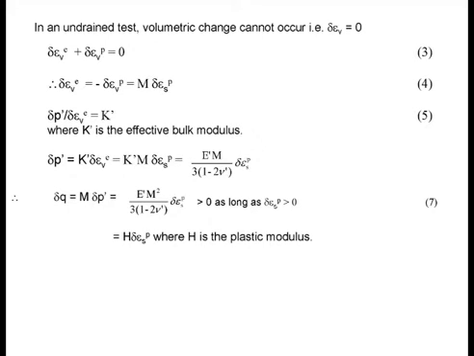Alright? Now, what does that mean? If your plastic volumetric strain is negative, as in our case, because it's dilating, what will happen to the elastic volumetric strain? It has to be positive. It has to be a positive quantity. So what it means is that you have to have elastic compression.